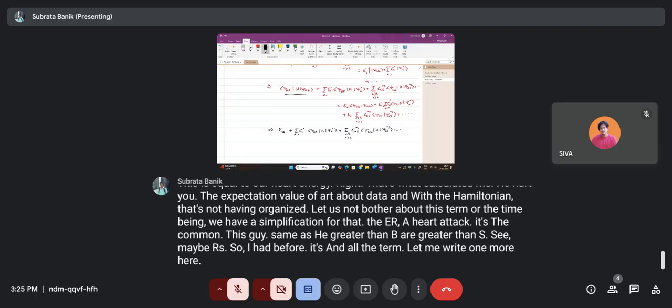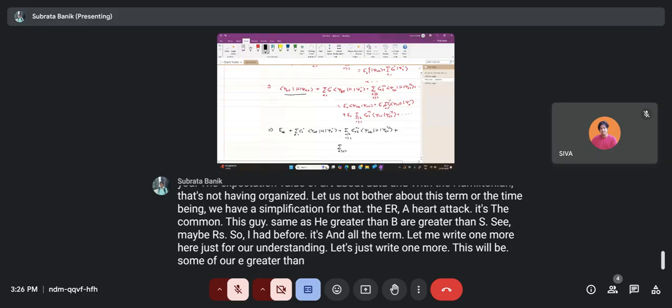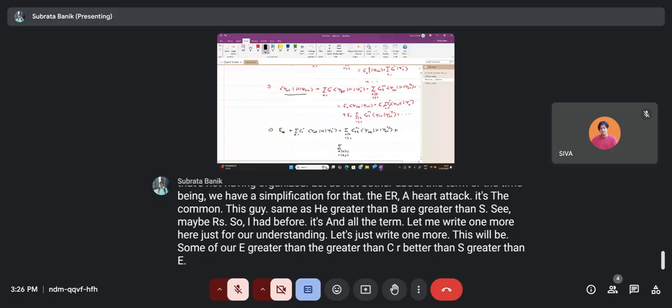Let me write one more here, just for our understanding. This will be the sum over a greater than b greater than c, r greater than s greater than t, c_abc^rst, psi Hartree-Fock is psi_abc^rst.